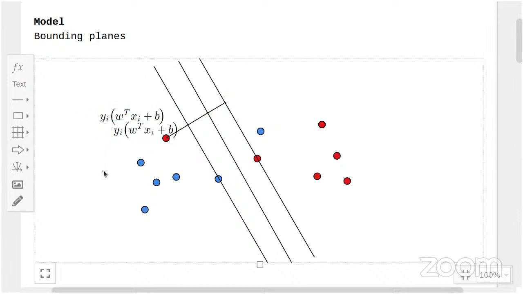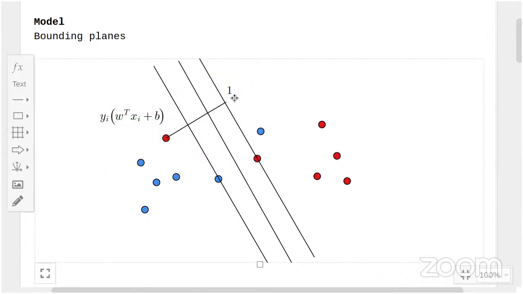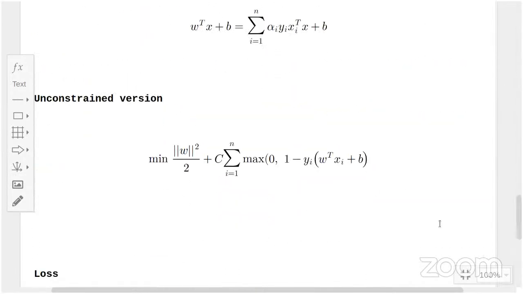So let me just add that here. So 1 minus this is nothing but this whole distance, because this is negative, minus of minus. So 1 minus yi into (W transpose xi plus b) is the slack. So I can now write the slack as 1 minus yi into this whole thing.